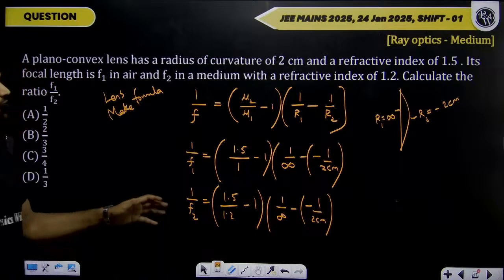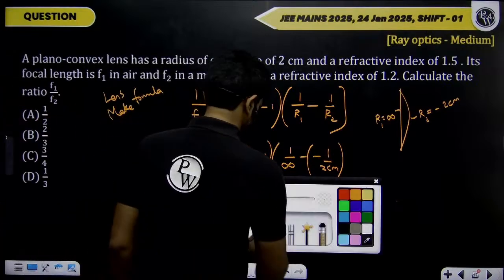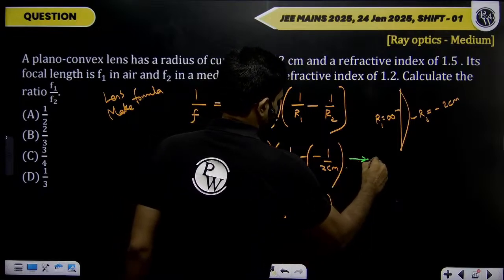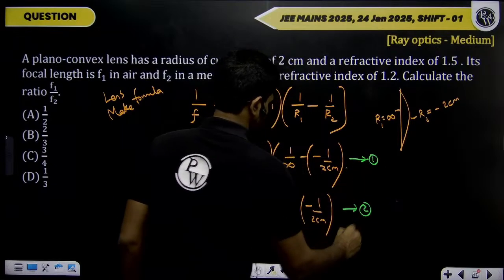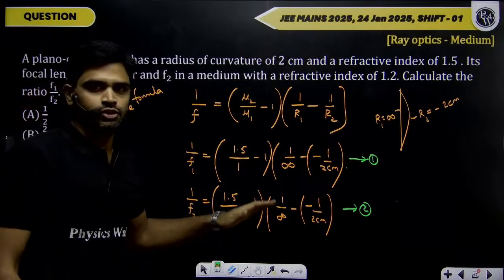They are interested in f1 by f2. We need to take the ratio of these equations. Take the ratio of 1 by 2.